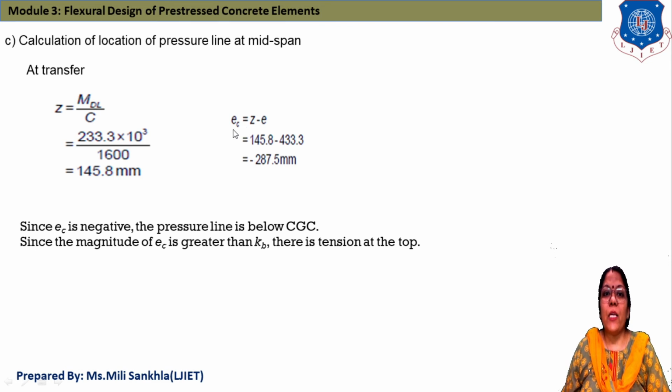Here we find out EC. EC is equal to, look at this, the moment of dead load we find out, 233.3 kilonewton, into 10 raised to cube, and C is equal to P, that means our pre-stressing force.